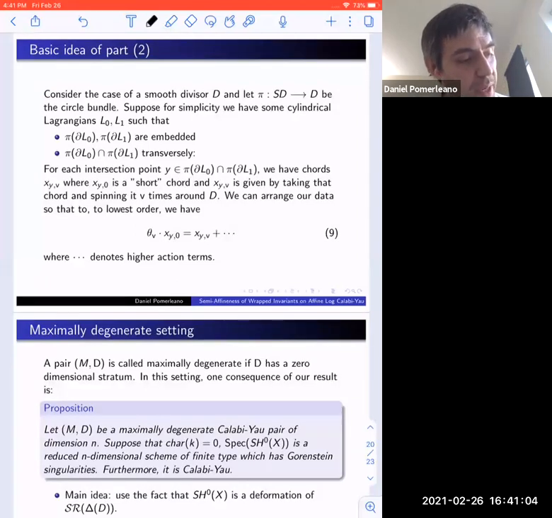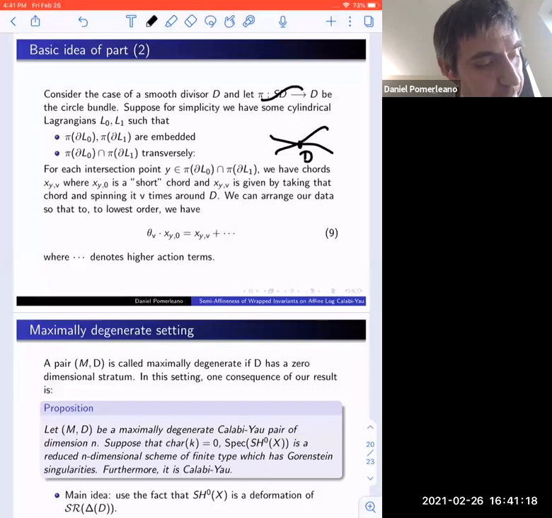Then, for every intersection point of your projected Legendrians, you get some structure. These Legendrians live in the divisor D. Then above them, so I'm not the most competent at drawing these things, for every intersection point in the divisor, you get a chord that goes between the Legendrians.